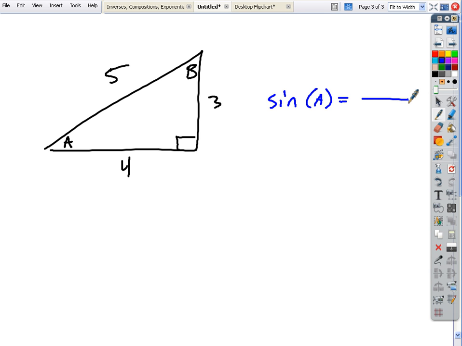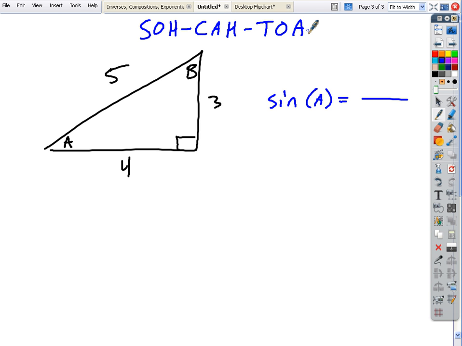And let's remember, how do we spell SOH-CAH-TOA? SOH-CAH-TOA. Okay, that says it all, right?